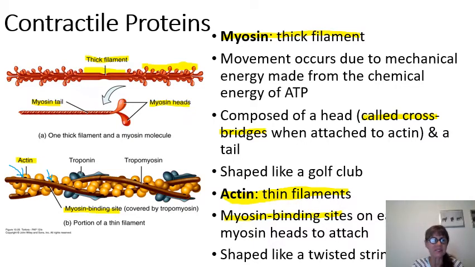The actin, as you can see, is shaped like a little twisted string of beads. And what regulates actin and myosin to determine whether or not cross bridges can form are regulatory proteins known as troponin and tropomyosin. Let's take a closer look at troponin and tropomyosin.